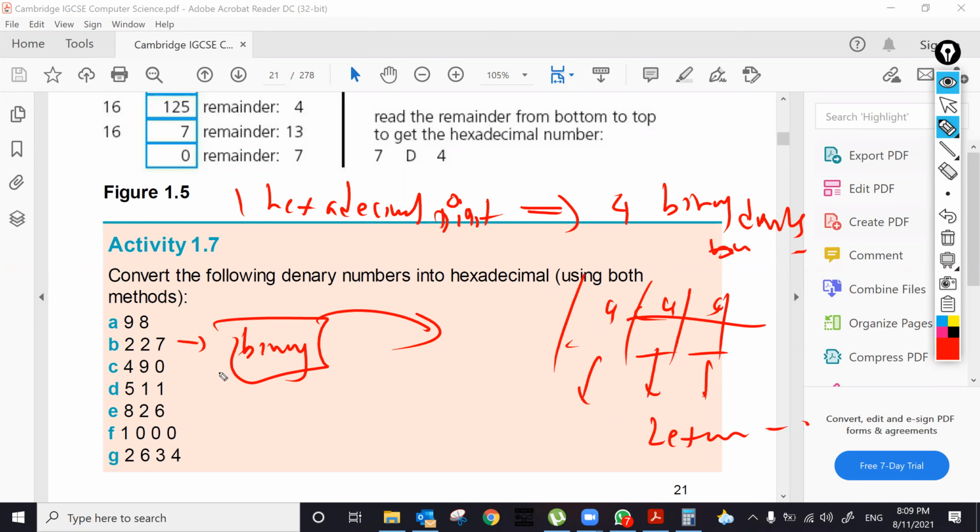Is that easy other than this kind of a division? What do you think? What is the easiest way? The second method is easier than the division. Yeah, so what I told you is the easiest, right?